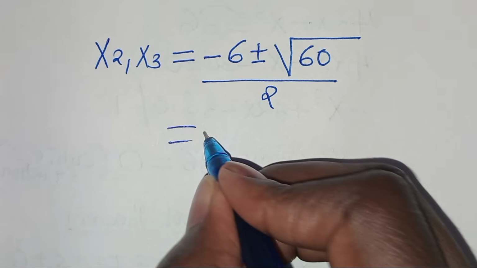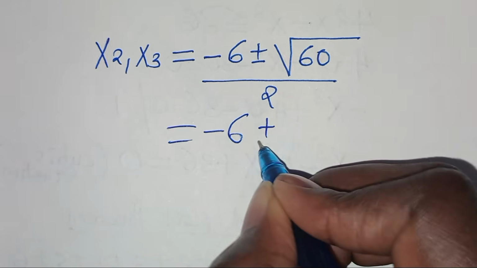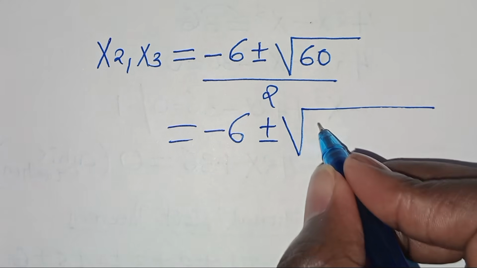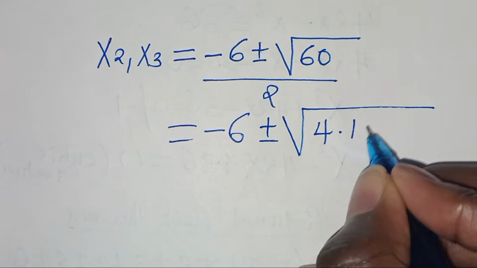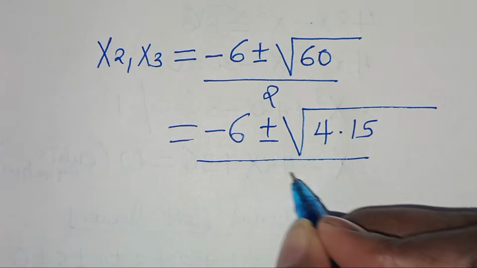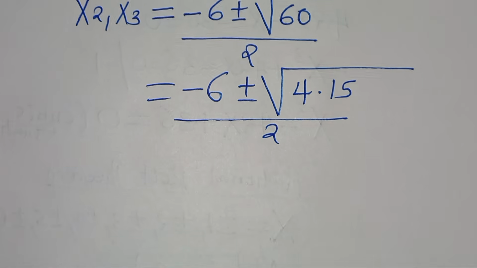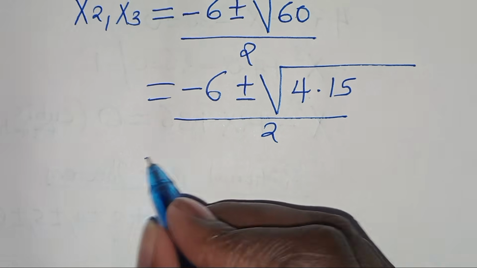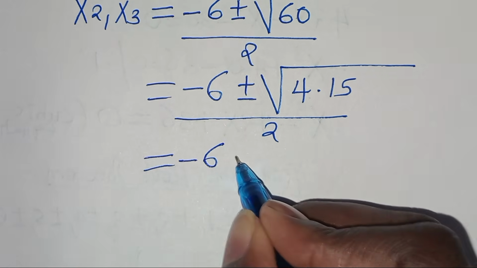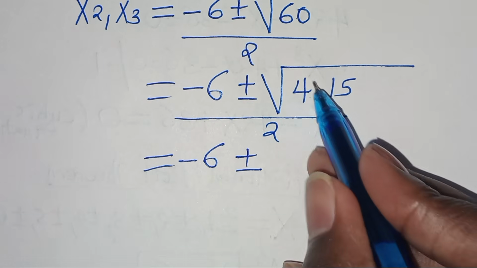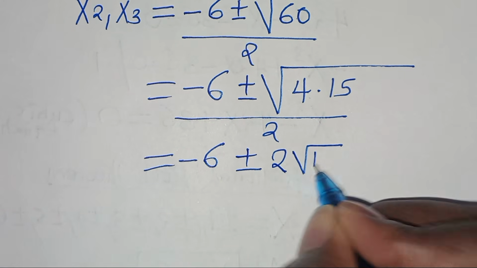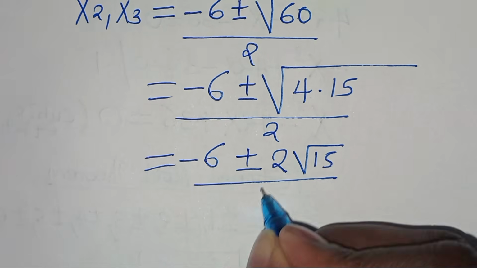Now here we have minus 6 plus or minus the square root of 60, and we can express this as the square root of 4 times 15, divided by 2. Now this is minus 6 plus or minus the square root of 4, this is 2, multiplied by the square root of 15, everything divided by 2.